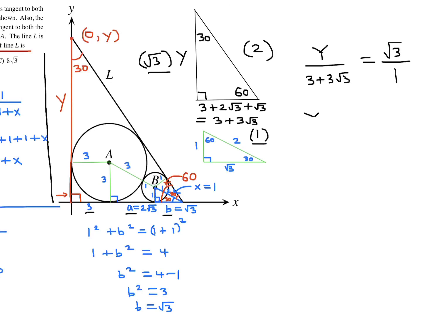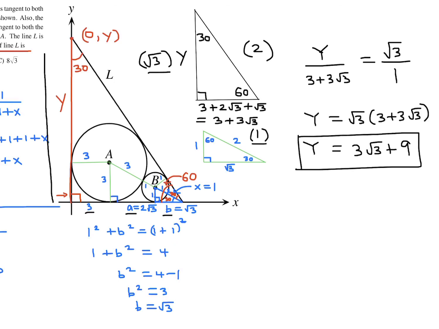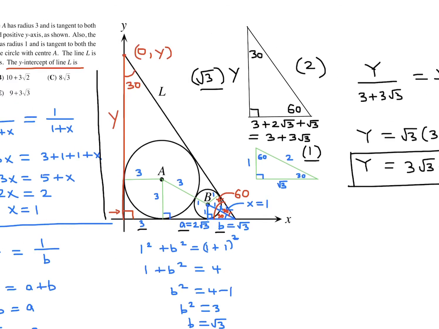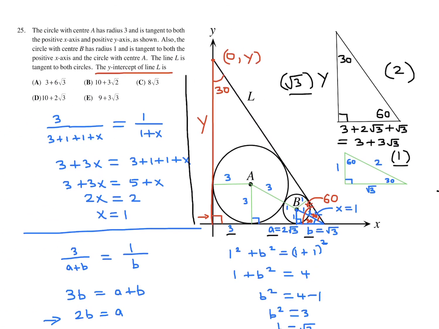So let's solve for this. So this becomes y is equal to root 3 times 3 plus 3 root 3. And this looks like 3 root 3 plus 3 times root 3, which becomes 3 times 3, which is 9. So there you have it. 3 root 3 plus 9. And that would be choice E.